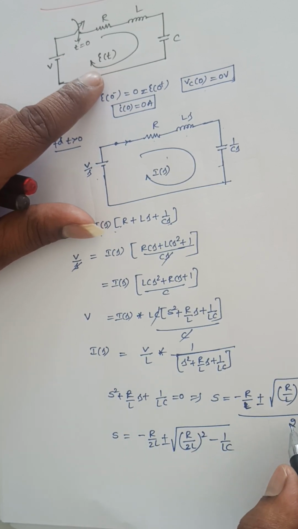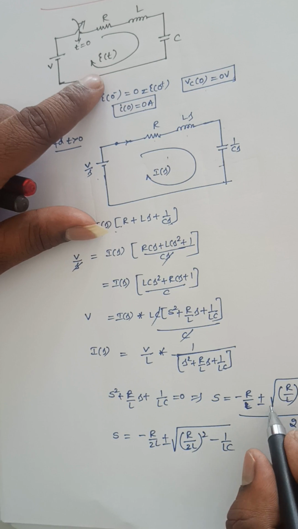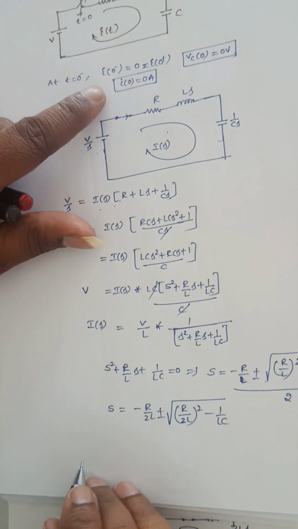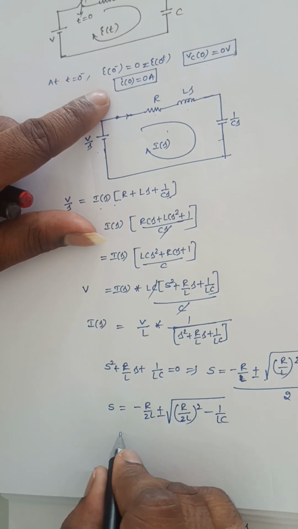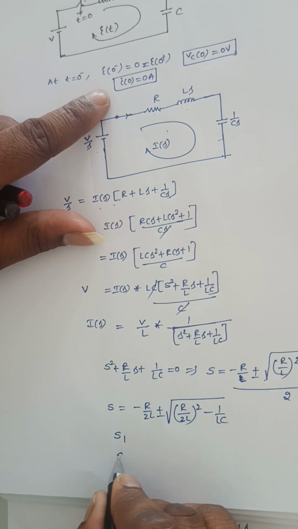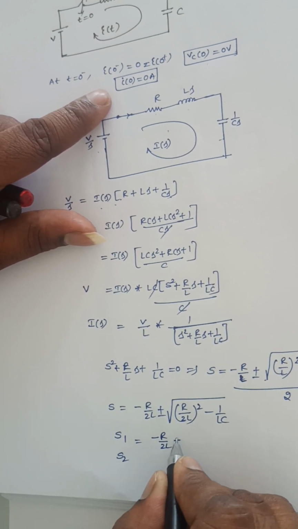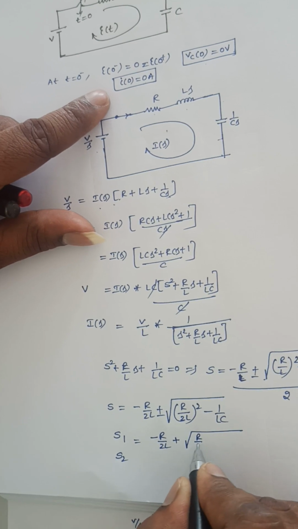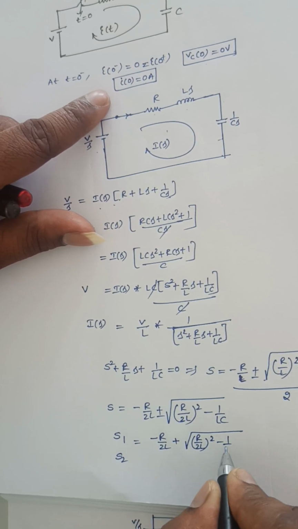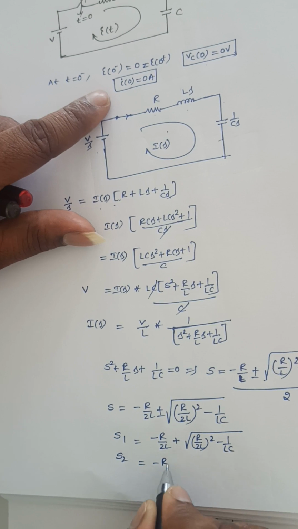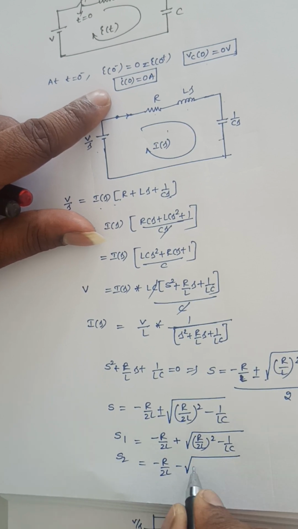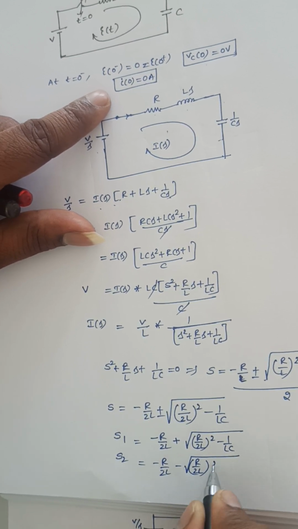It will have two roots here, S1 and S2. S1 is minus R by 2L plus square root of R by 2L whole square minus 1 by LC. S2 is minus R by 2L minus square root of R by 2L whole square minus 1 by LC.